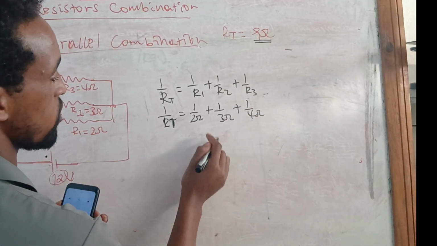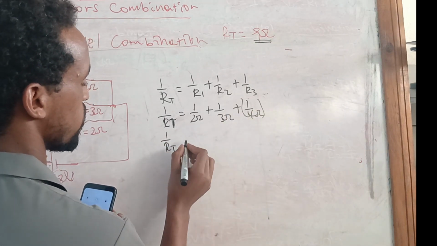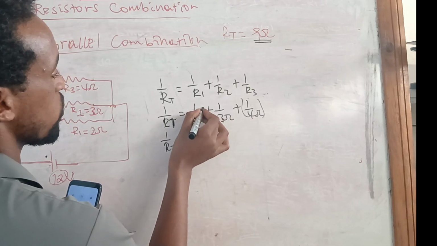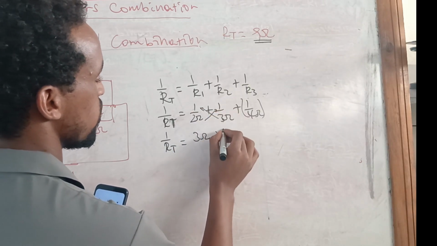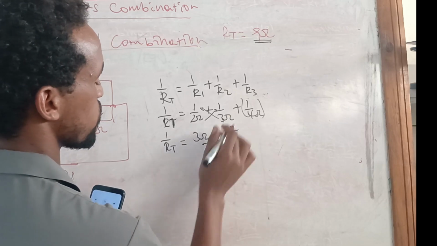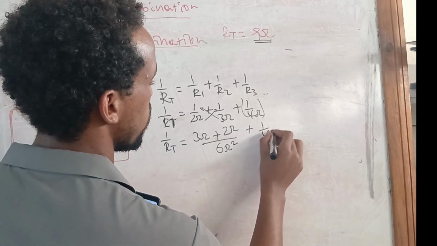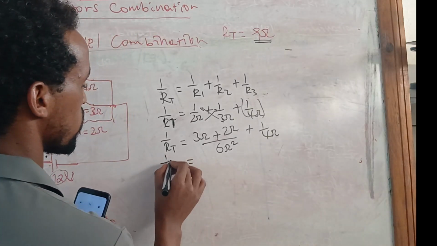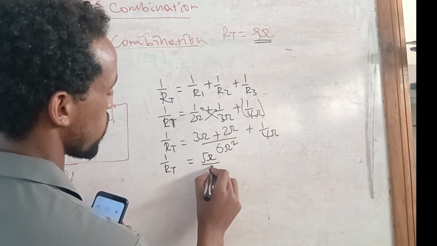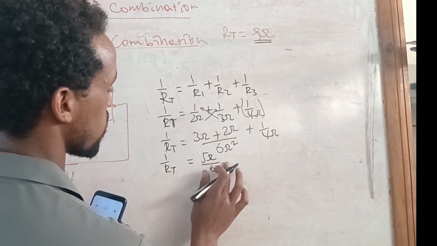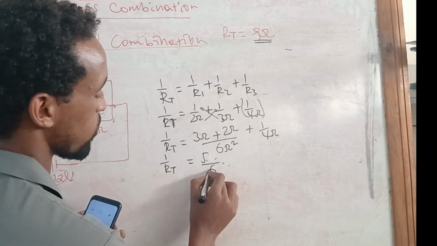Let's add the first two for simplicity: multiply to get the common denominator, 3 ohm plus 2 ohm divided by 2 times 3, 6 ohm squared, plus 1 over 4 ohm. So this is 5 ohm divided by 6 ohm squared, which is 5 over 6 ohm.